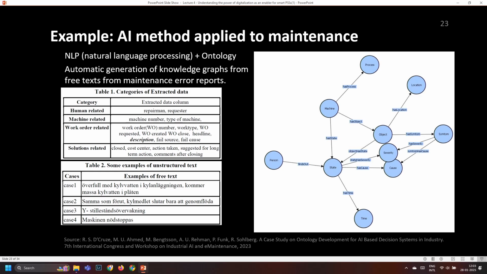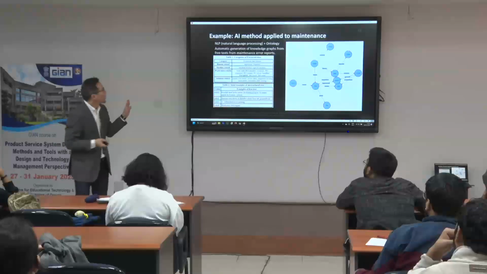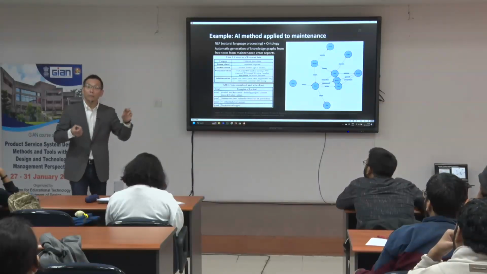The ontology means something like this: basic concepts used in this maintenance work and so on that were developed together with the AI experts and the practitioners in this factory. So this is, I think, very useful.